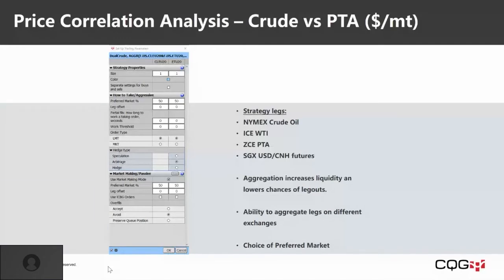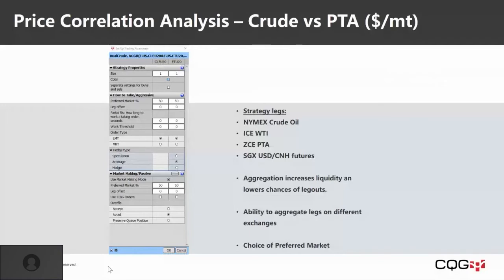So that's basically mixing different products on different exchanges. You notice that ICE and NYMEX are different exchanges, but we'll still be able to potentially gain a better price on those particular exchanges.